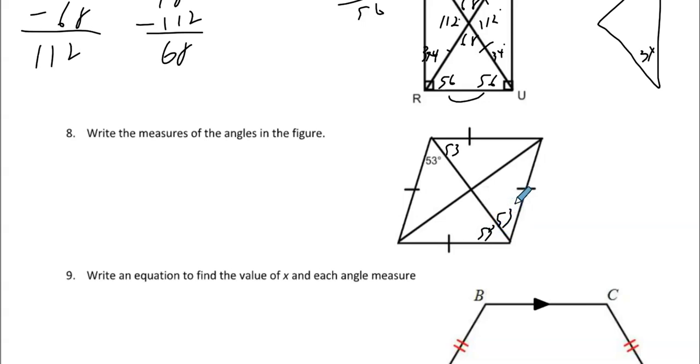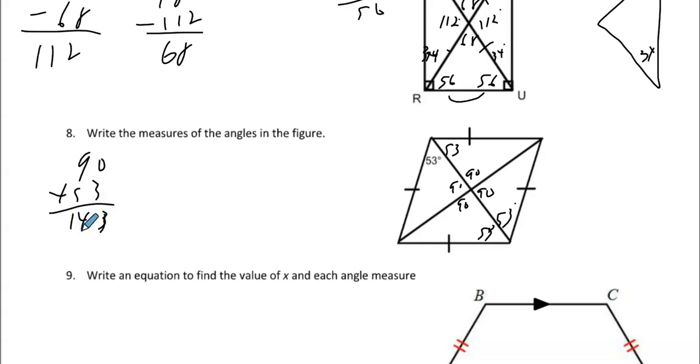Now the other thing is, in a rhombus, the diagonals are perpendicular. So this is 90, that's 90, this is 90, and this is 90. And then you just do the math, find the missing angles. You add 90 plus 53.